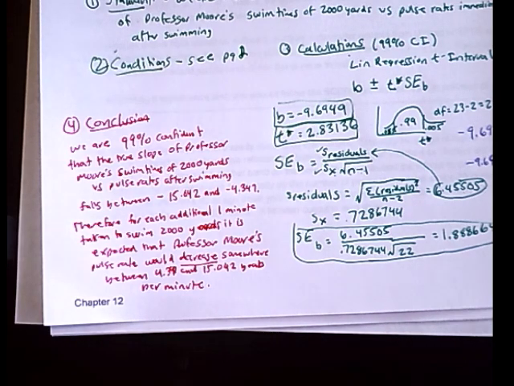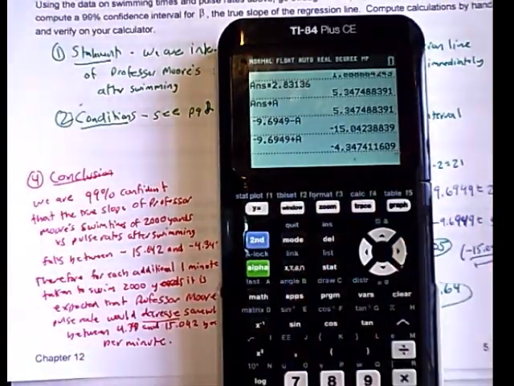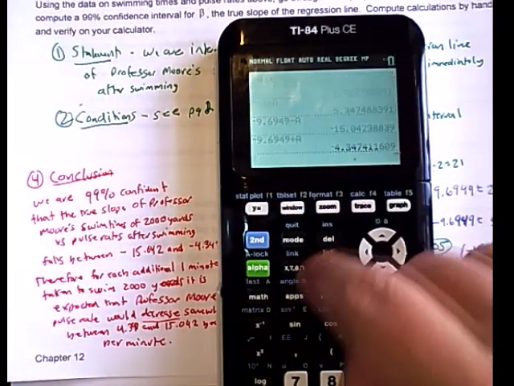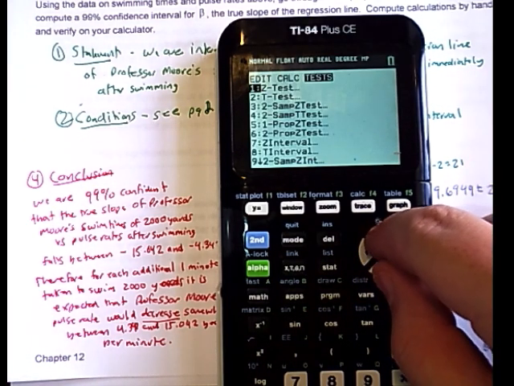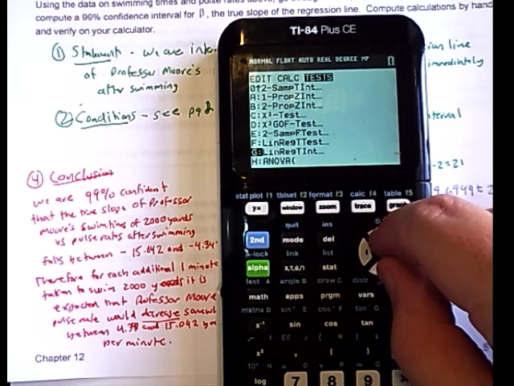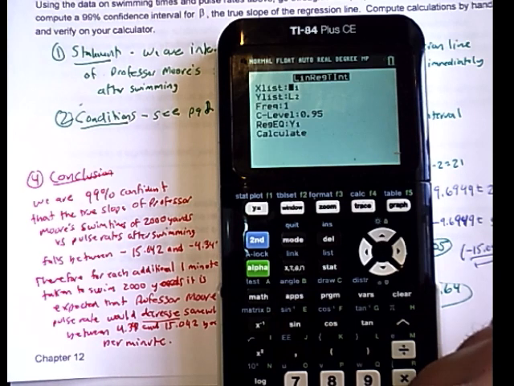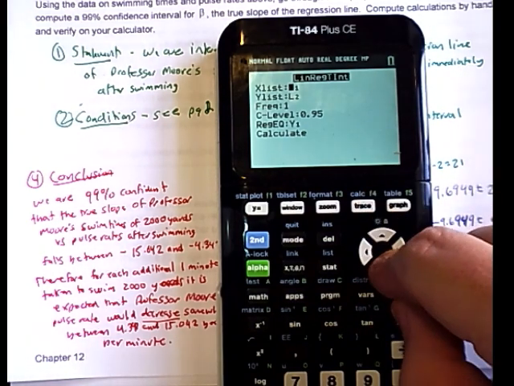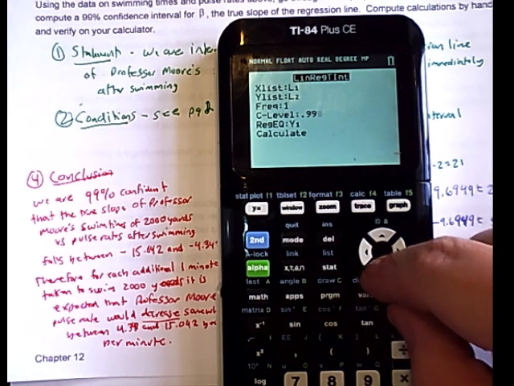Now, all those calculations, big pain. All right, easier way. Ready for this? Stat. Go over to Tests. It's at the very bottom. Linear Regression T Interval. It's option G. Where's your data? X data is in L1, Y data is in L2, frequency is 1, confidence level 0.99.